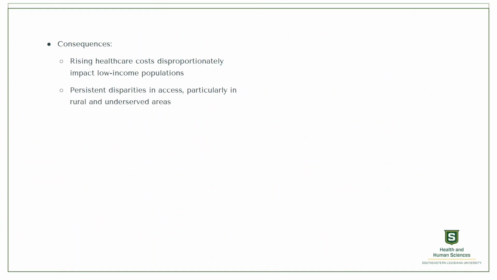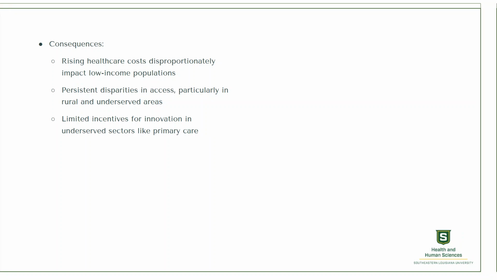So the consequences of these imperfect markets in the U.S. healthcare system are rising costs that disproportionately affect the low-income population. You have persistent disparity in access, especially for low-income people or those in underserved areas. There's very limited incentive for corporations to spend money on primary care, especially in underserved sectors that are not going to pay them thousands and thousands of dollars for it.